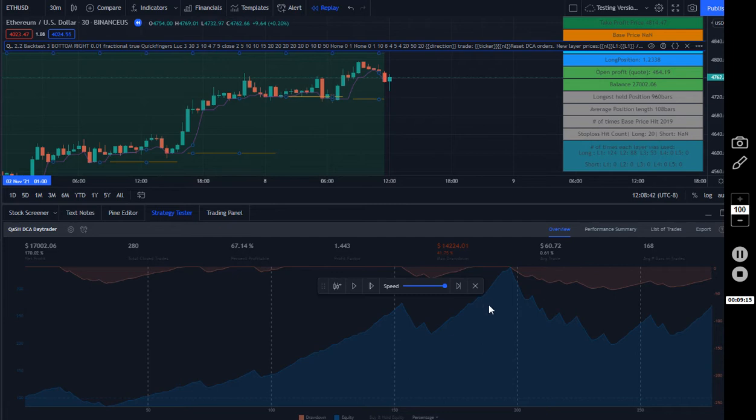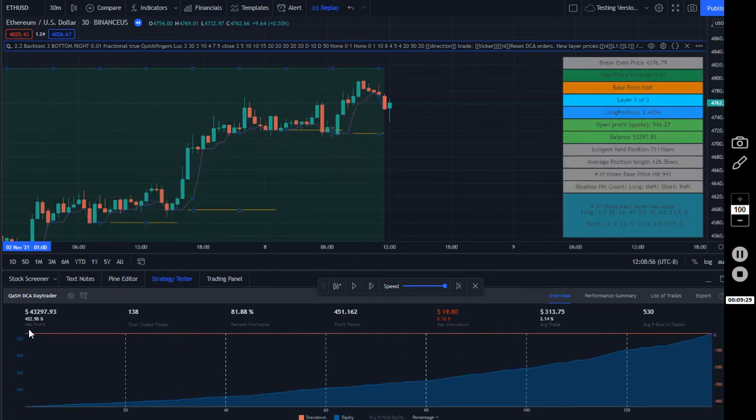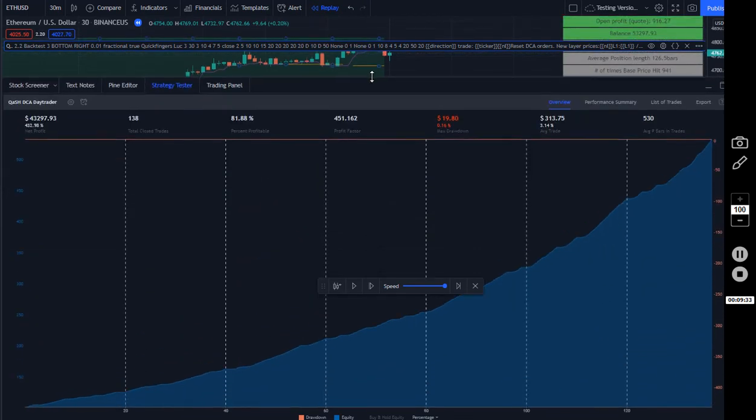But let's turn it off for now because I know that this is a bull market period that I'm backtesting on, and I'm trying to fit my settings to a bull market right now just for the purposes of this video. So now we have an amazing backtest. I turned off my stop loss. Now we're going at 430% profit and 81% profitable.